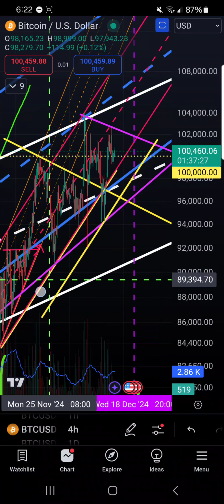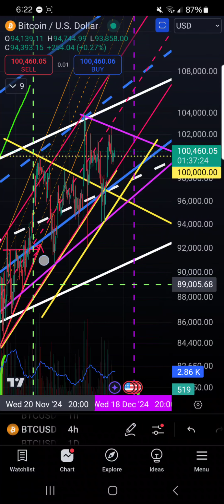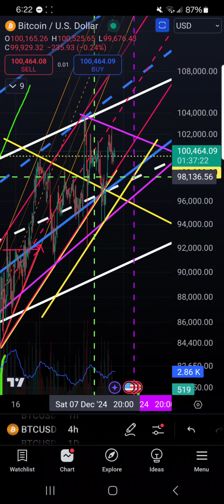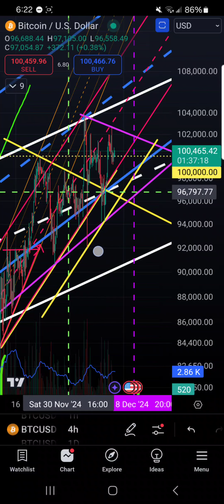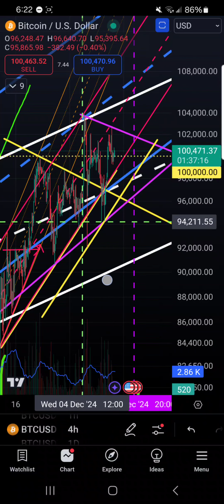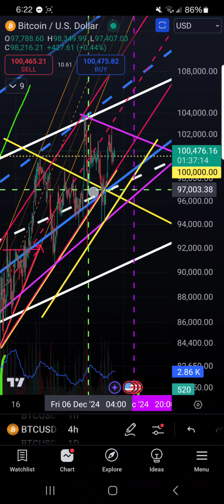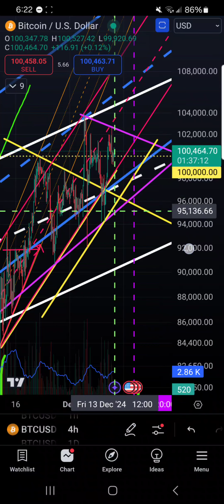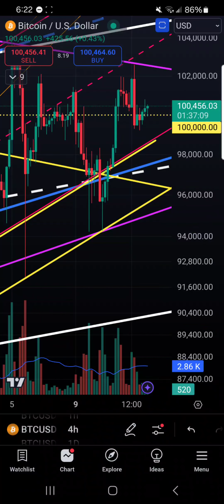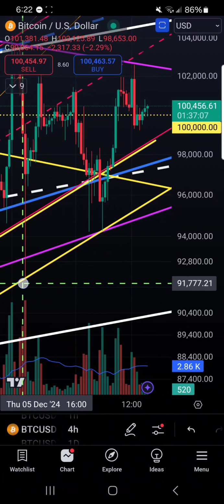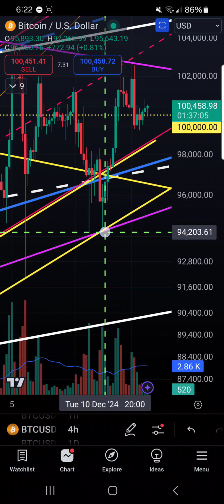So if I clone the yellow base of our previous triangle, which is the base of the red channel, and pull it down a quarter of a channel distance, it actually hits this wick down here and this here.